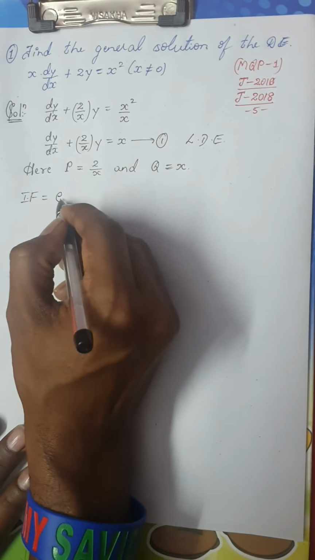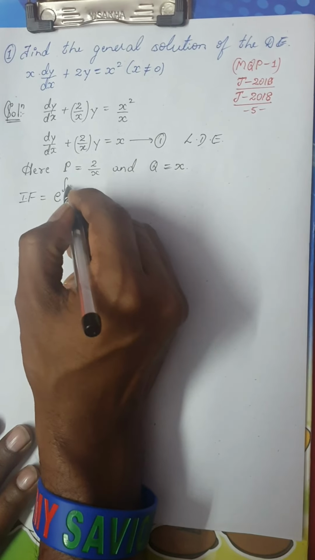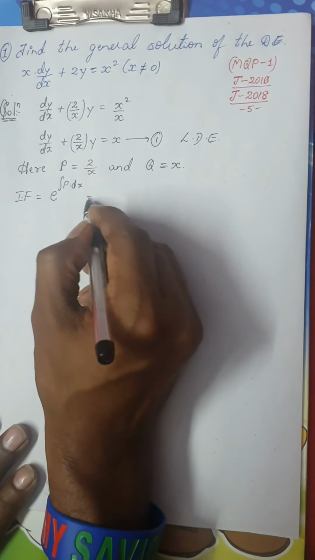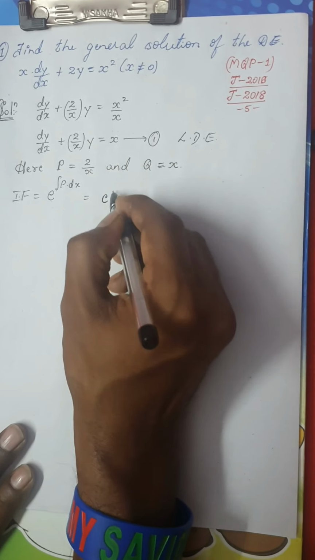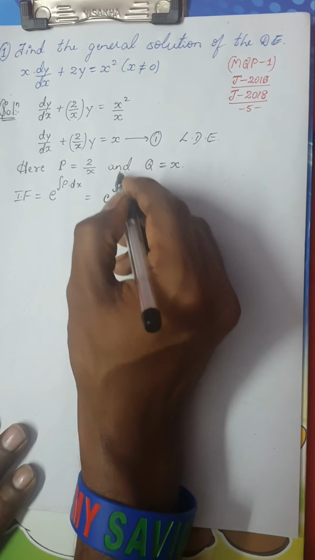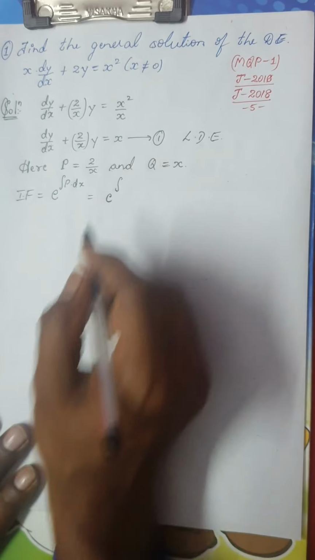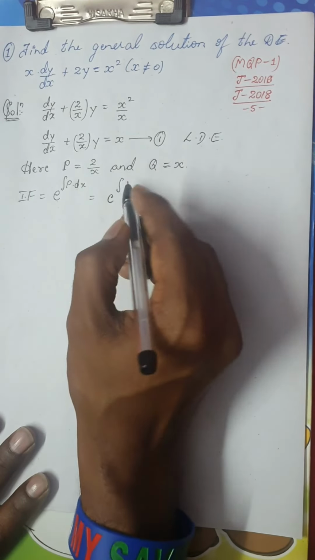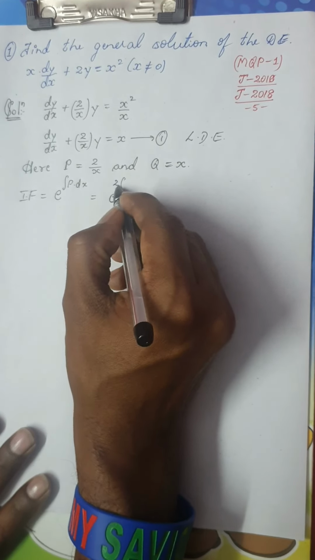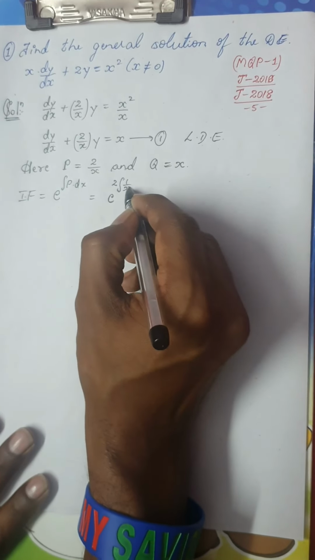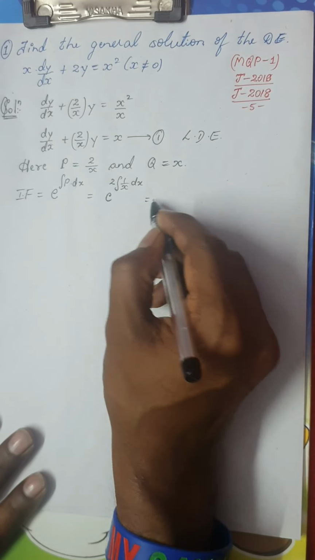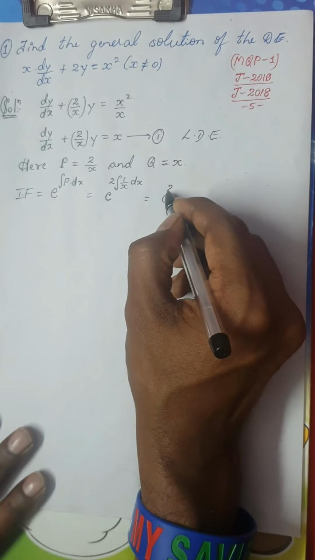We all know integrating factor is e power of integral p dx. So this is nothing but e power of integral of, please be very careful because this is the very important part here. What is p? P is actually 2 by x. I'll keep 2 outside and I will write 1 by x dx. Right? This is nothing but e power of 2, which is a constant.